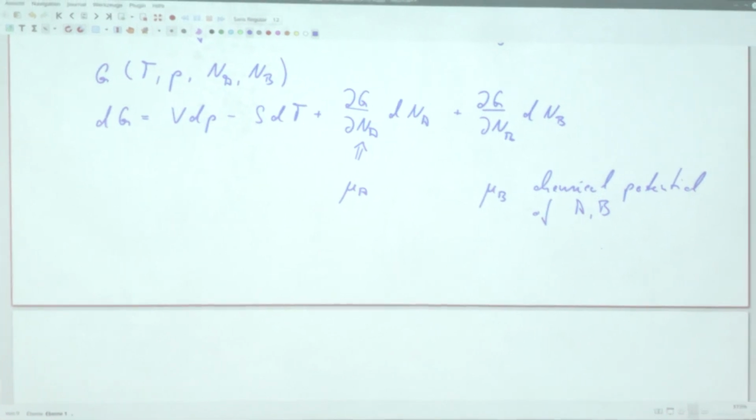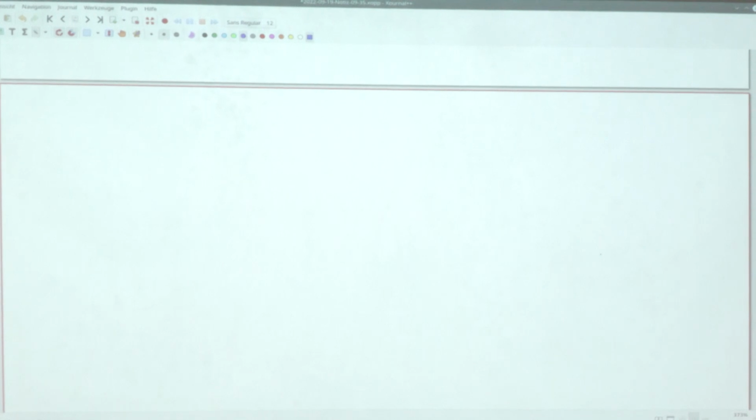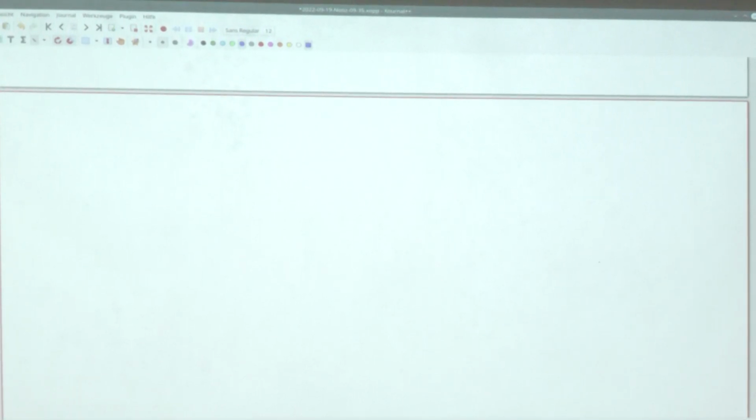What do we get if we keep the total number of atoms constant? Then we get an extra condition.